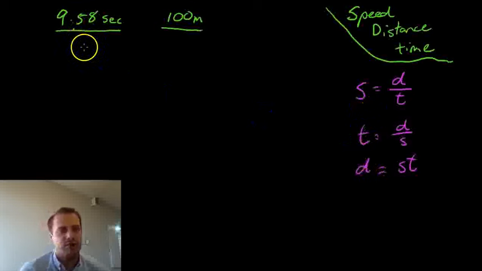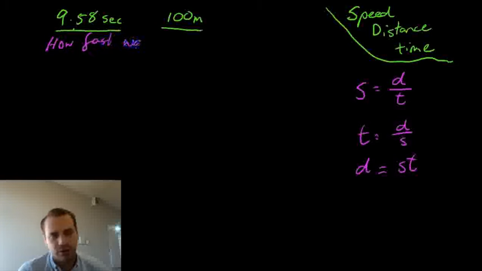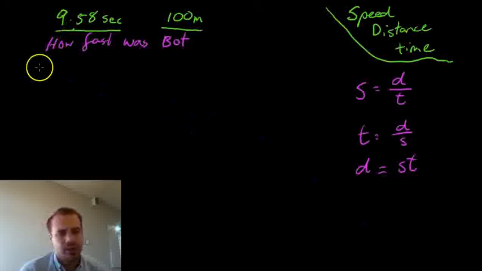Now, my question for you, first of all, is how fast was Bolt? What was his speed, in other words? Okay, so let's take a look at it. We know that our formula is speed equals distance over time.